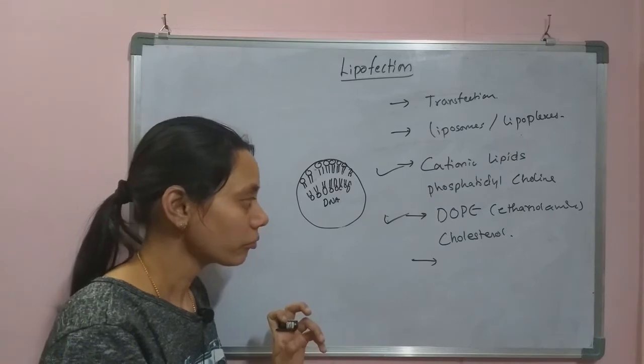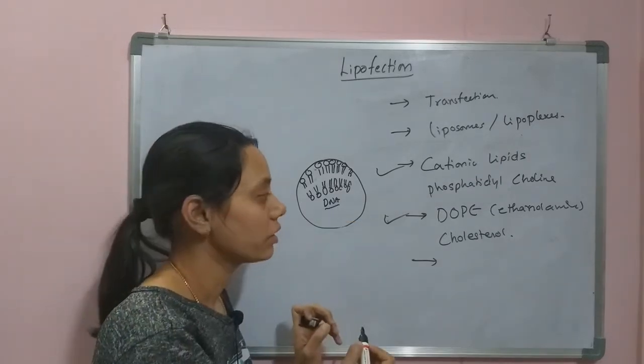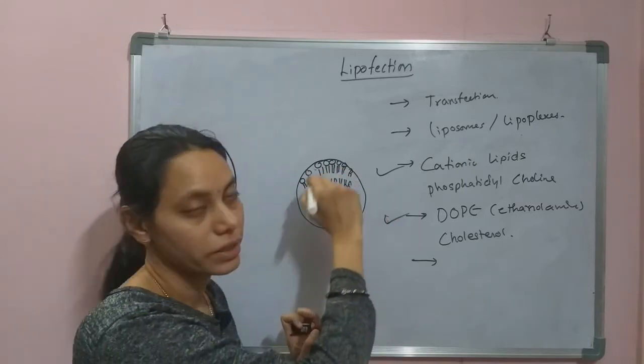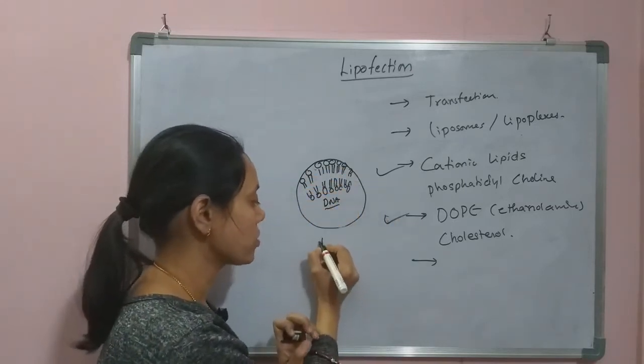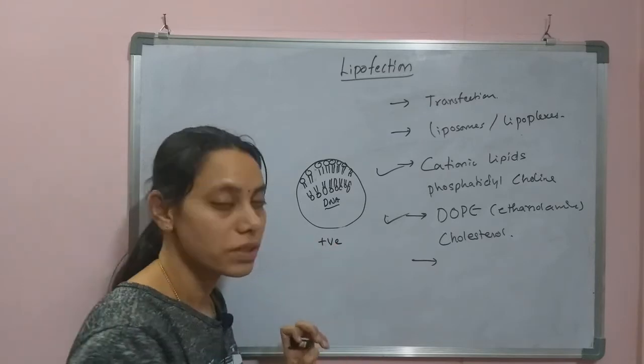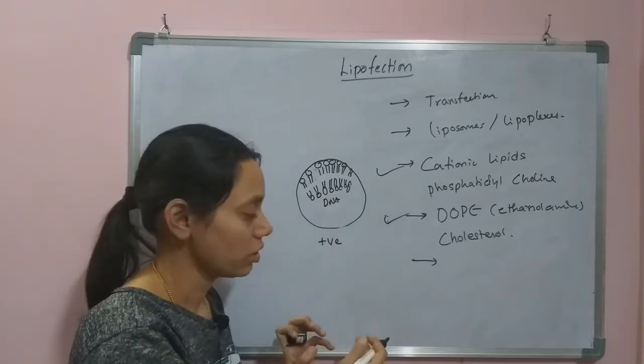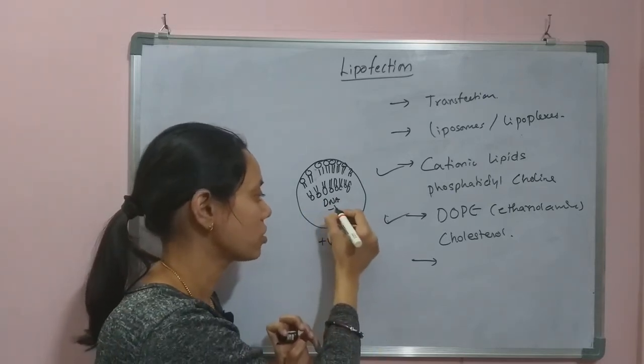The DNA will be incorporated inside them, and the overall charge over these vesicles will be positive, so that they will easily form a complex with the DNA, which has a negative charge.